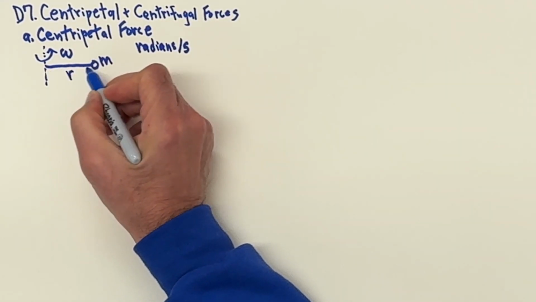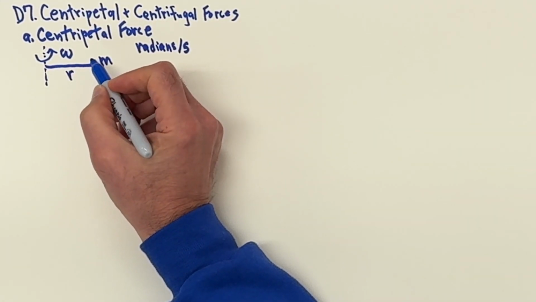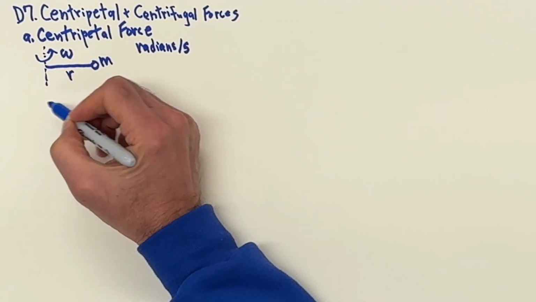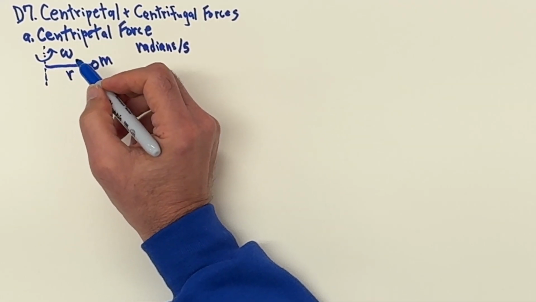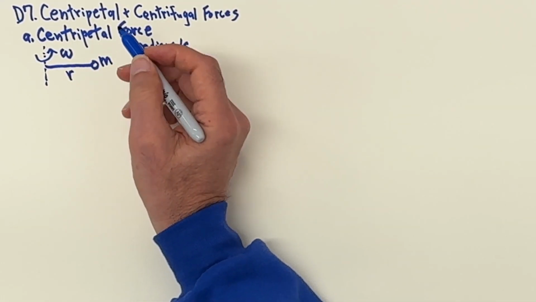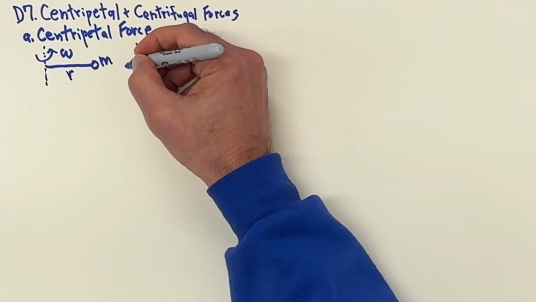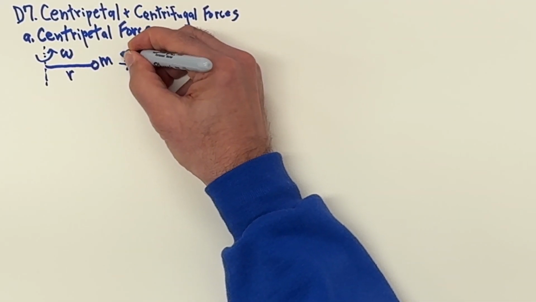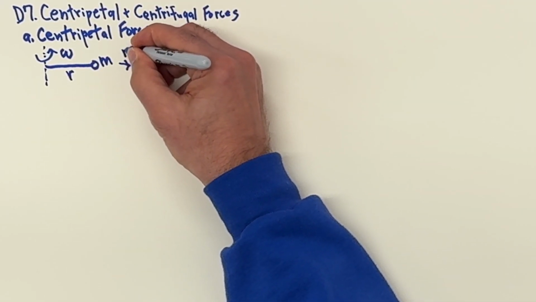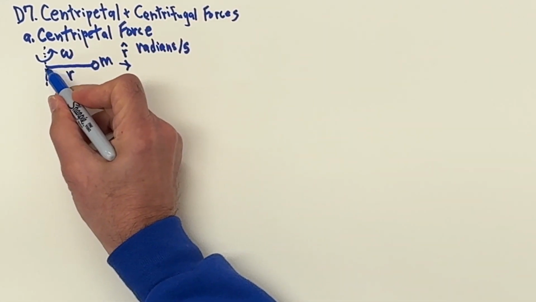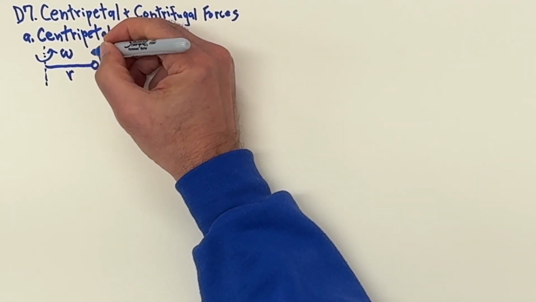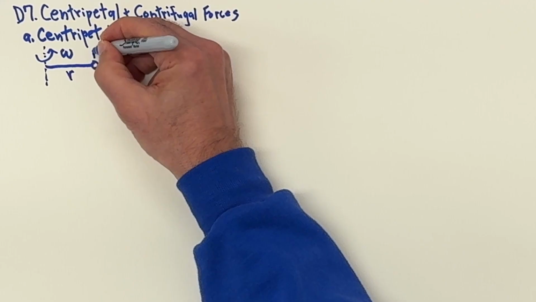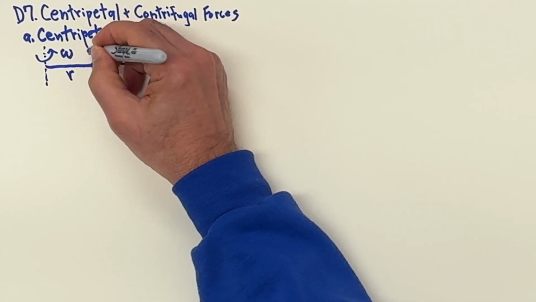R is the radius of the circular motion. And we can consider a unit vector r hat, pointing away from the center. And now I'm going to try to draw the velocity into the page.